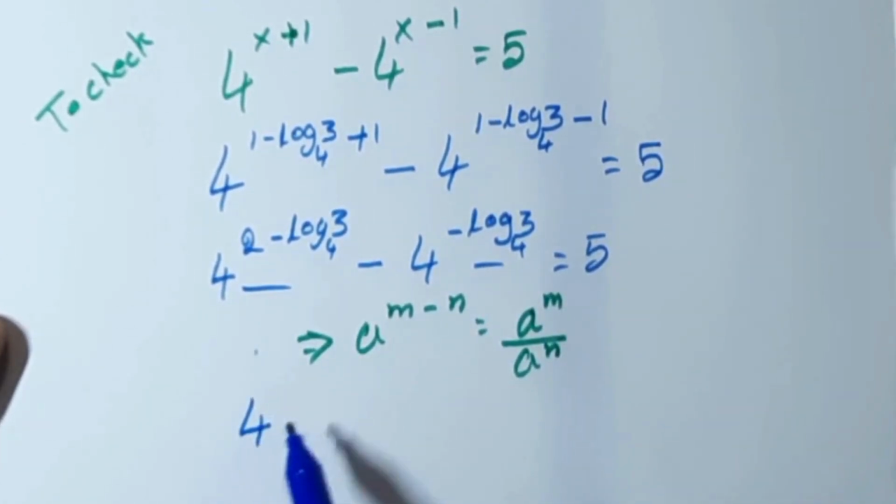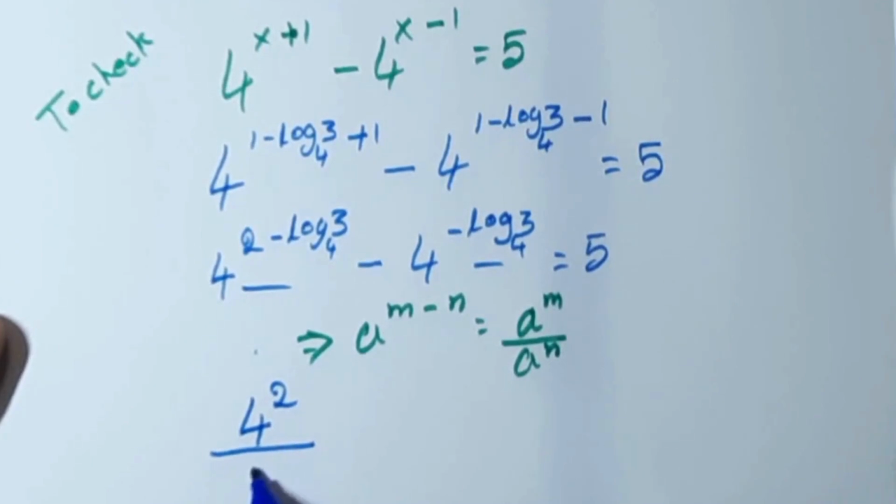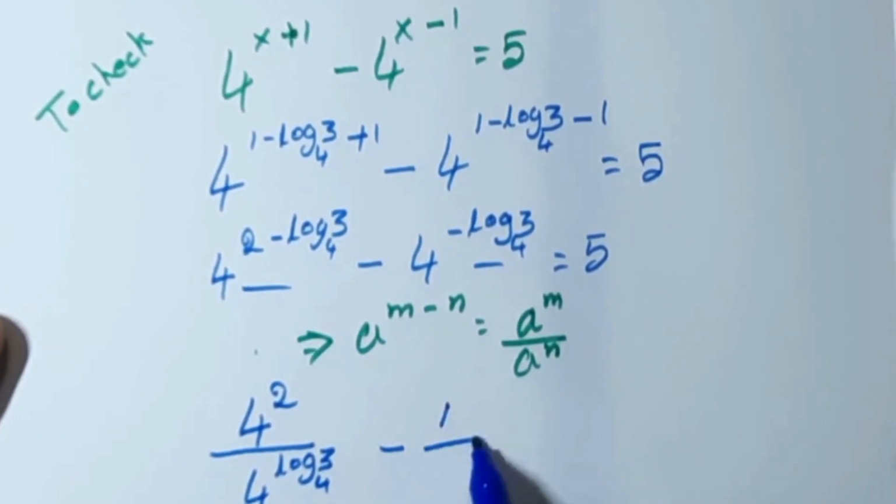So 4 power 2 by 4 power log 3 base 4, minus 1 by 4 power log 3 base 4, equal to 5.